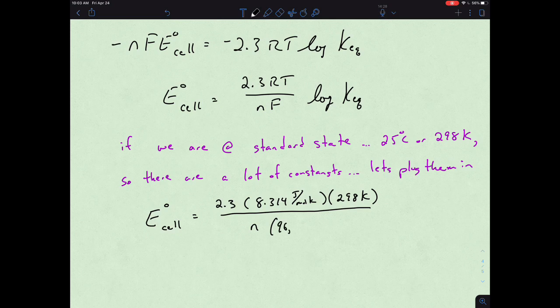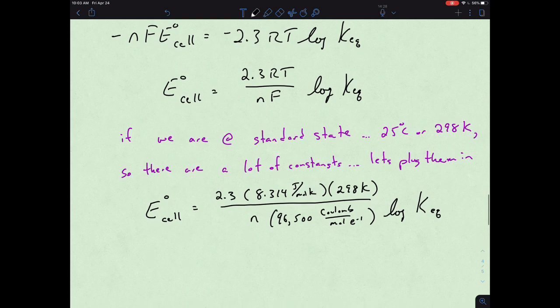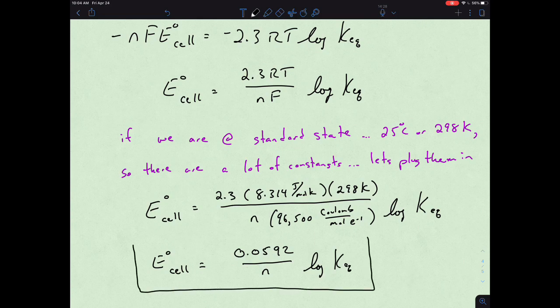And then we have Faraday's constant, 96,500 coulombs per mole of electrons, and then times the log of that equilibrium constant. And if we simplify it, just do the math, we get a value of 0.0592 divided by n times a log of our equilibrium constant. And here, right, our n is equal to moles of electrons transferred.